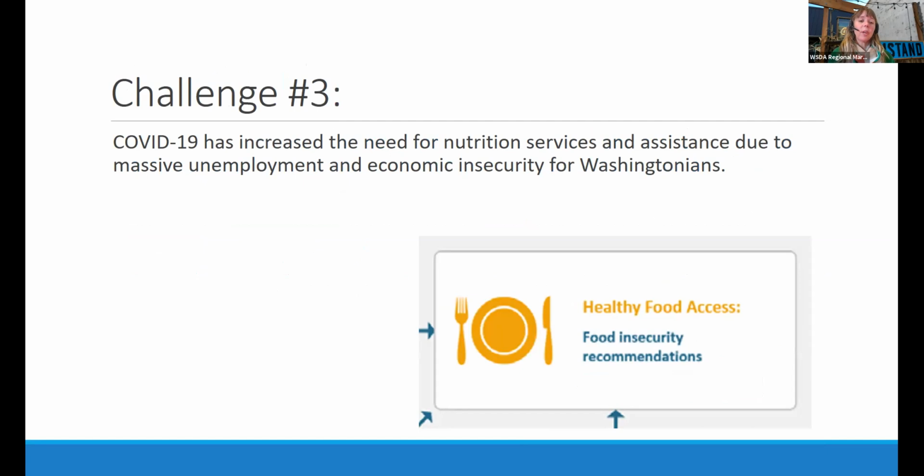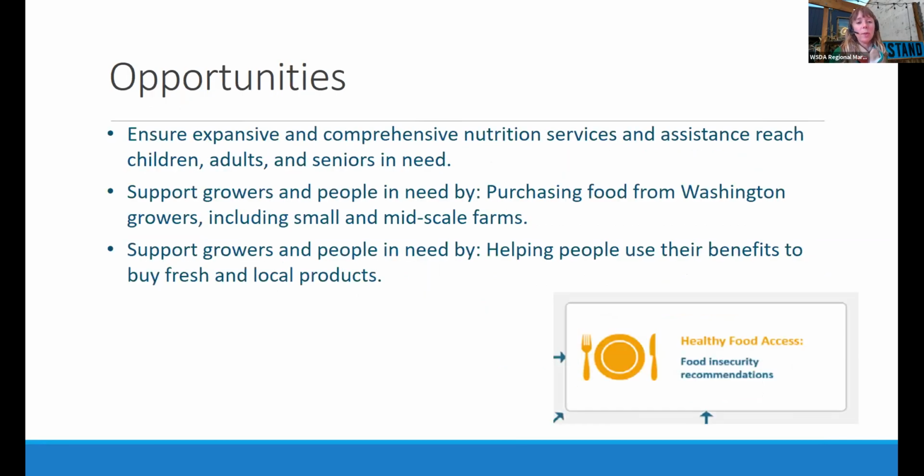Finally, I mentioned earlier, one of the real hardships and difficulties of the COVID pandemic is that it has increased the need for access to nutrition services and food for so many more people. And just the logistical realities of trying to make sure people don't go hungry have been, in some cases, overwhelming.